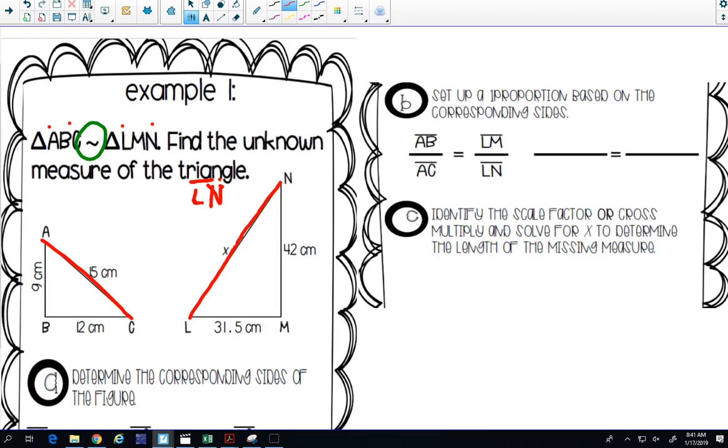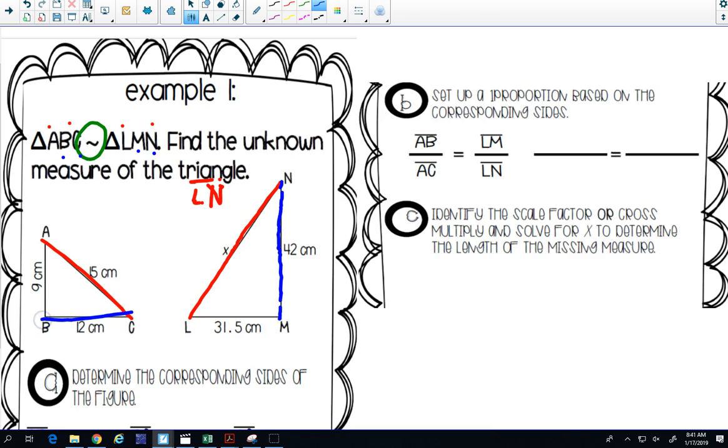And now in order to get x, I need to look for the relationship for 2 other corresponding sides. What are one side from each triangle that I can use to compare? NM. So I can look at NM, and then I'm going to find the corresponding side on the smaller triangle that goes with NM. NM would be CB.